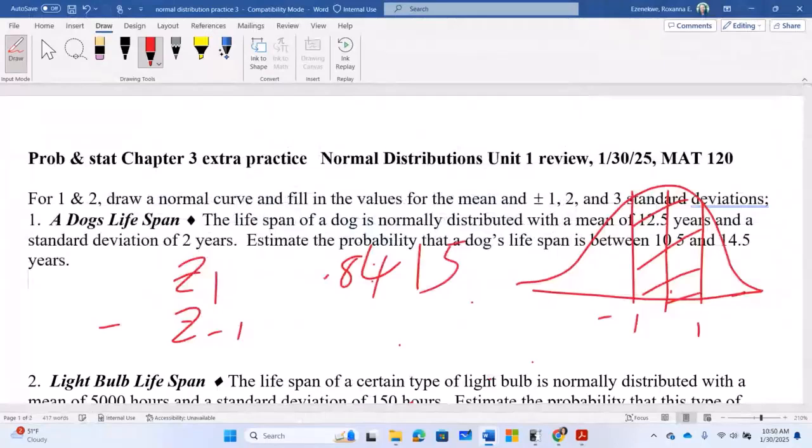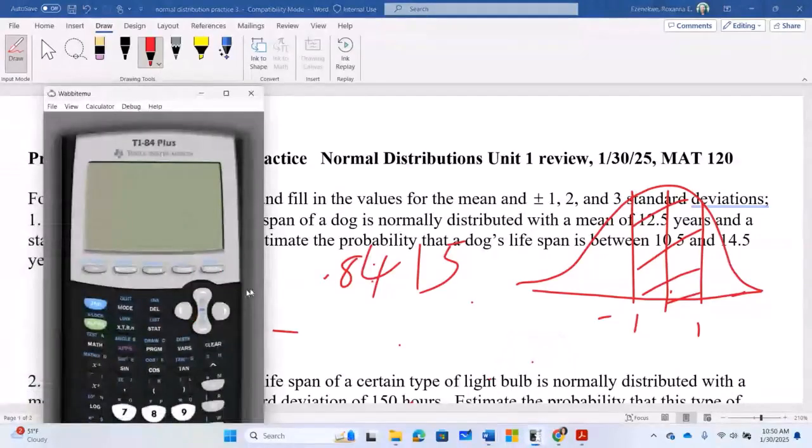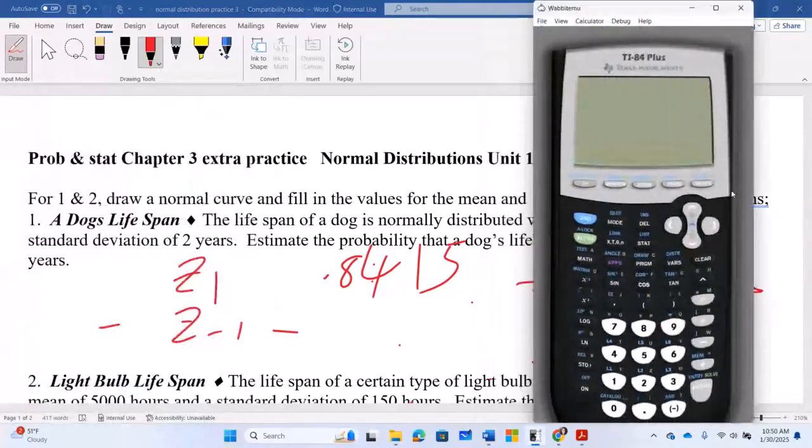And then I'm going to find Z of -1. In other words, I'm going to subtract. We have already done it with the calculator, but we need to know how to do it with the calculator, with charts, with the Z-table, and with the empirical rule.